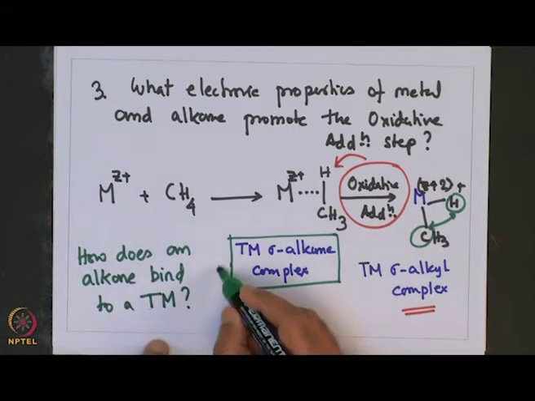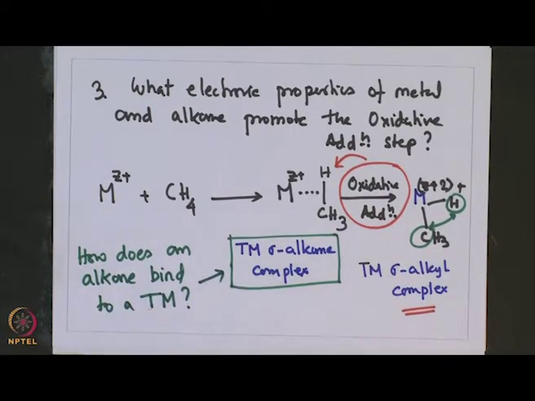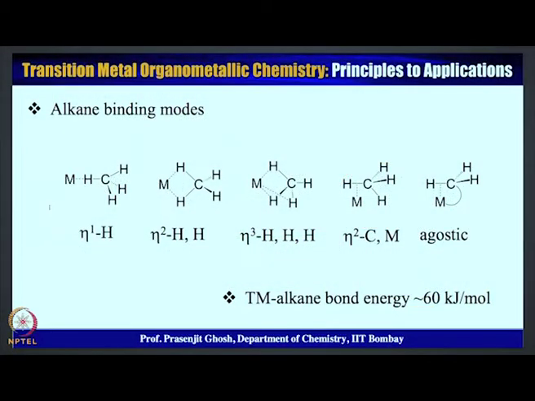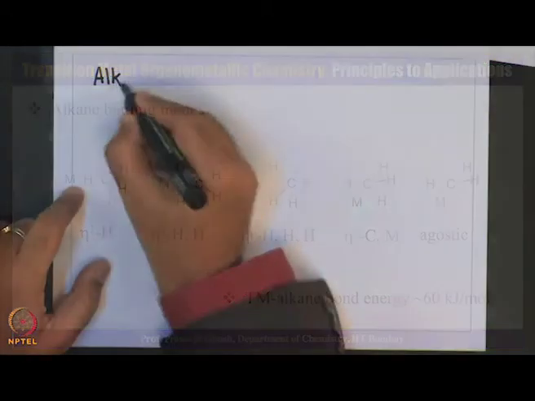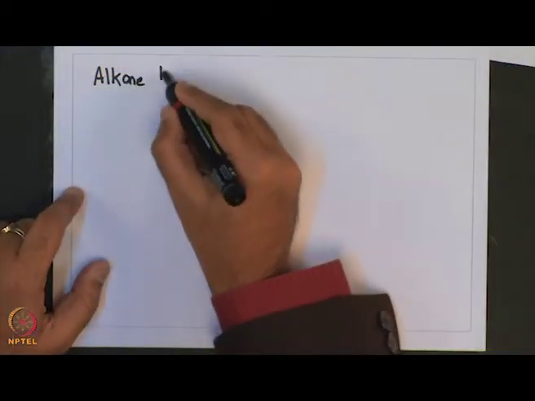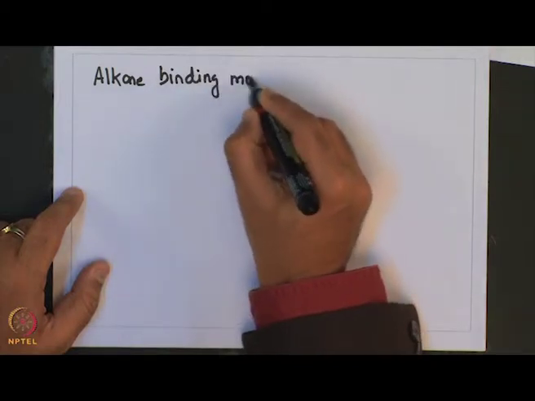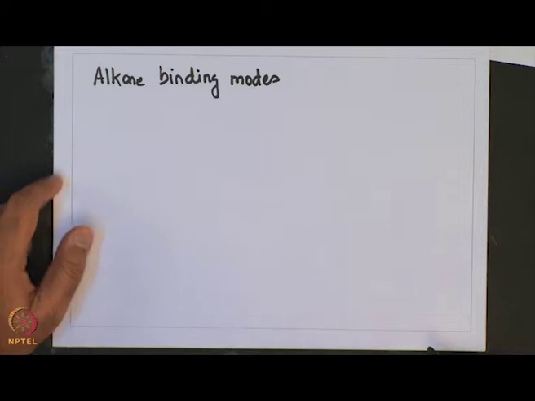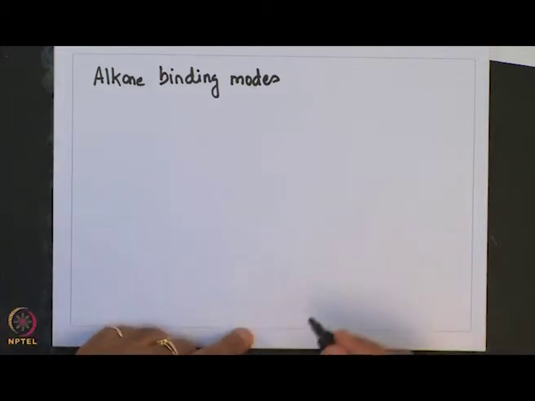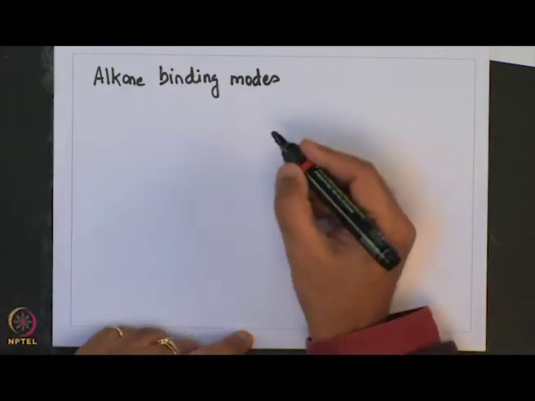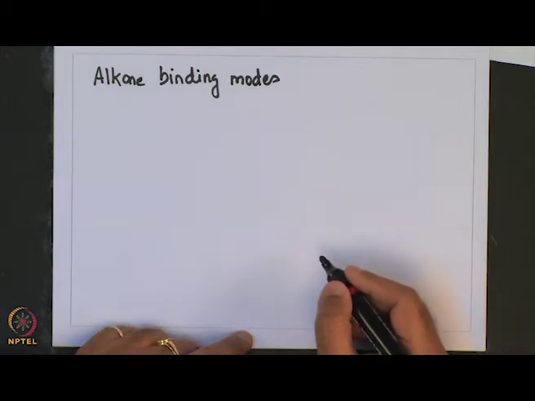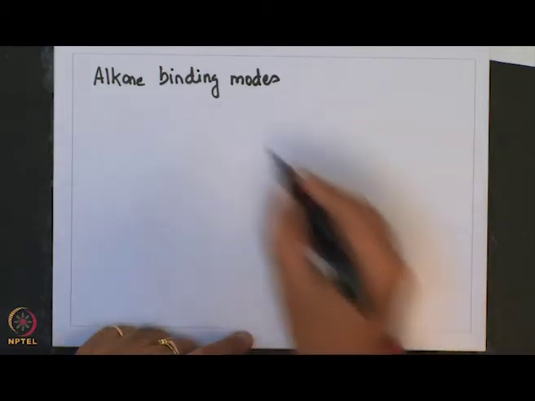So, let us take a look at the transition metal sigma alkane complex in a bit more detail. It is interesting to note that alkane has different binding modes to transition metal. The transition metal sigma alkane bond energy is very weak, not very strong.